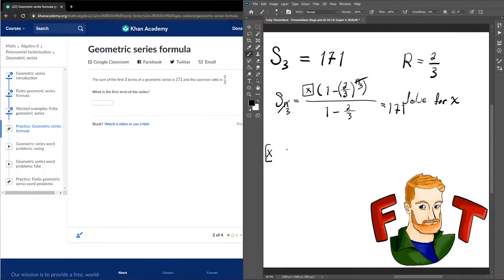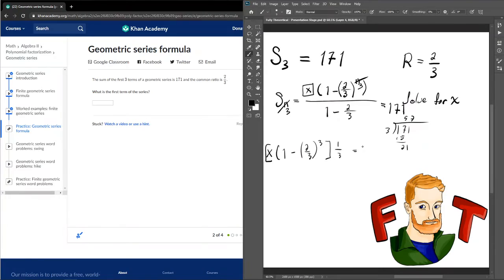So we have x, put in a bracket here, x times 1 minus 2/3 to the third, times 1/3 equals 171 over 3. 3 into 17, 5, 15, 2, 1, 7.